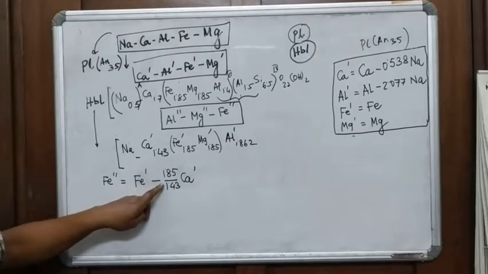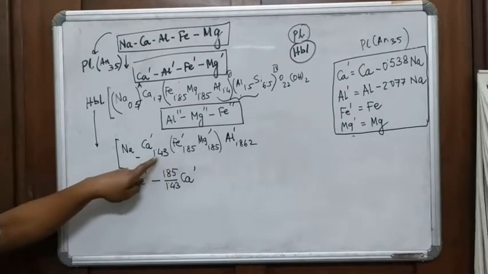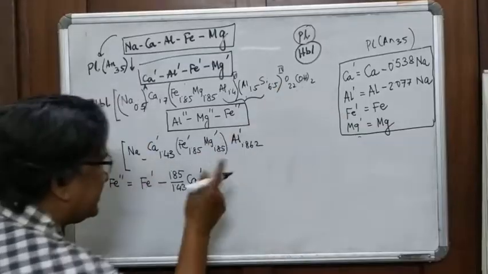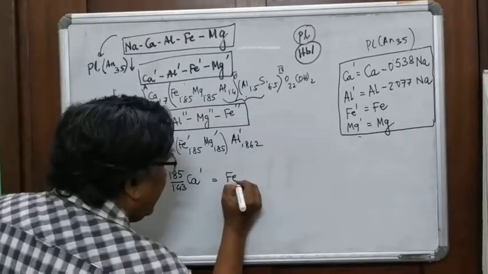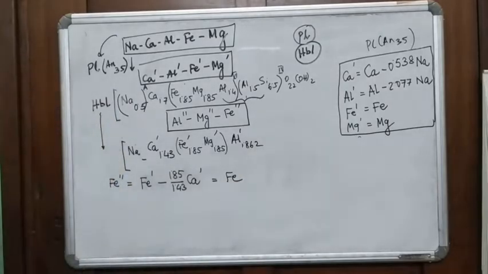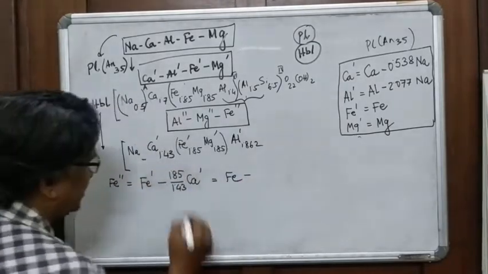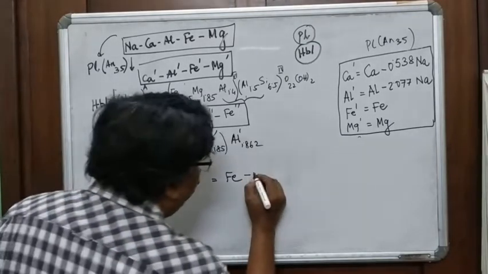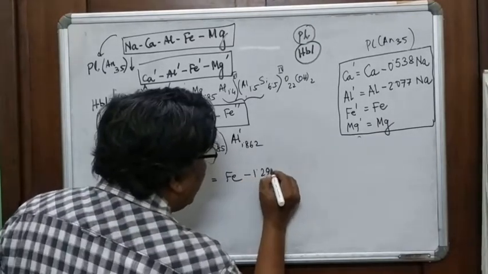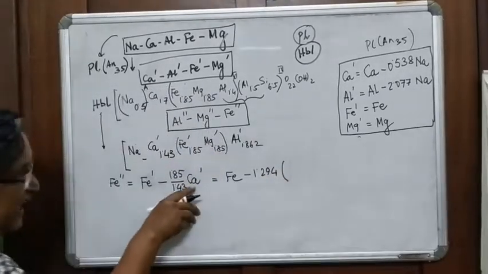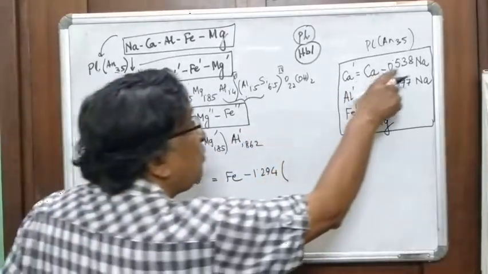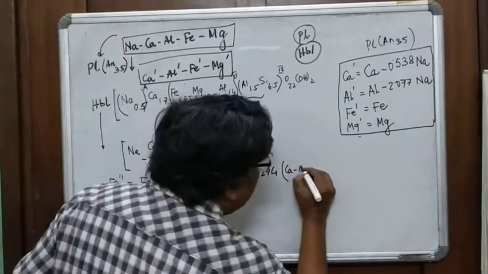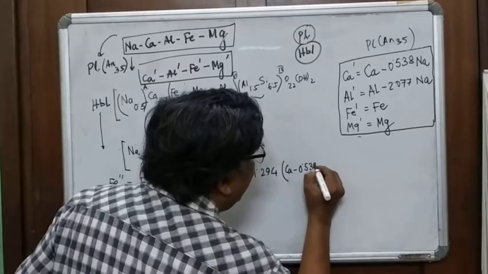Fe prime minus 1.85 by 1.43 Ca prime. So this prime is the same as Fe from here, and minus 1.294, and Ca prime here is equal to Ca minus 0.538 sodium.